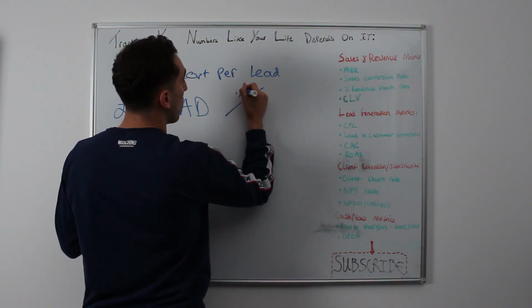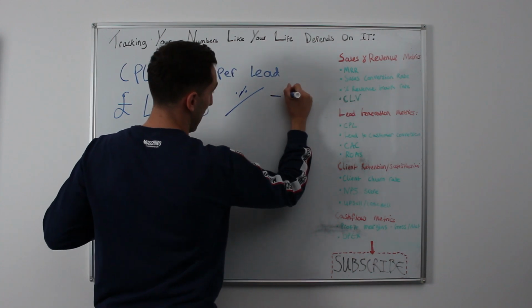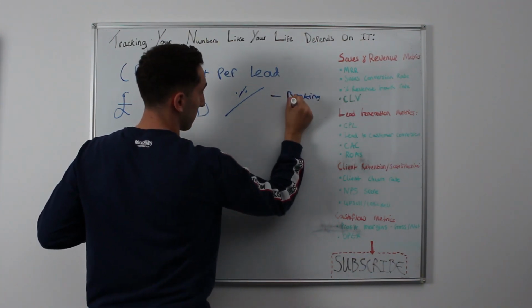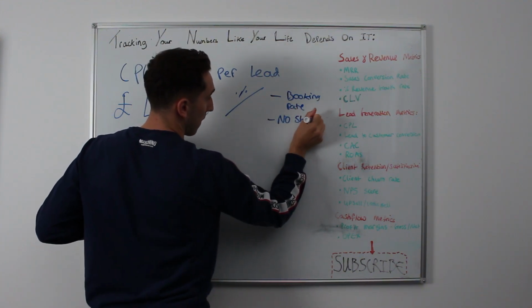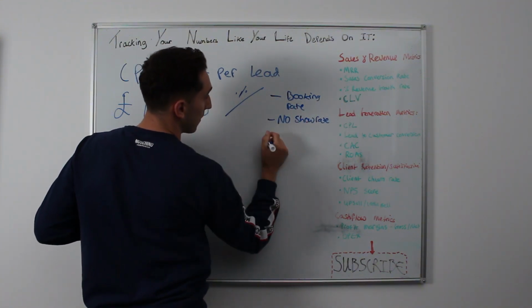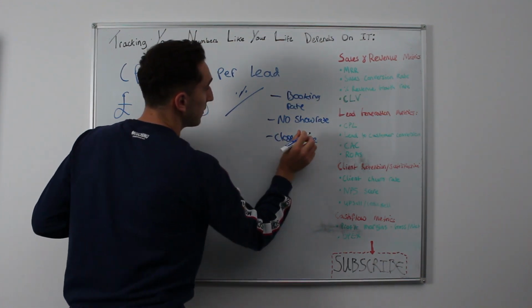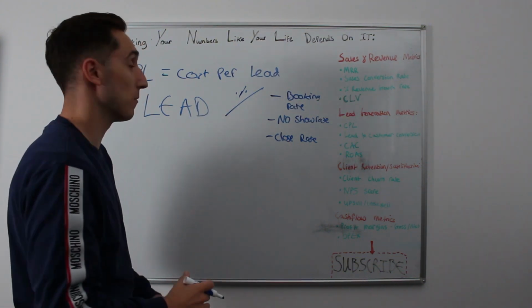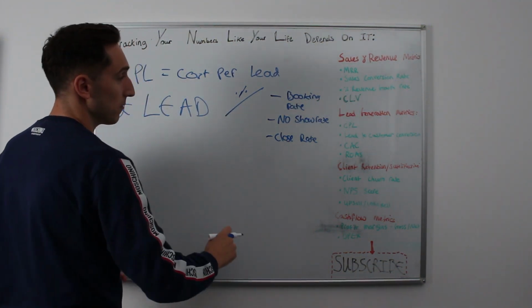But also, we can work out other metrics, like, for example, our booking rate, our no-show rate, our close rate. And this is going to allow us to build the fundamentals of an inbound system. If we have the data and we have the metrics, we can scale effectively.